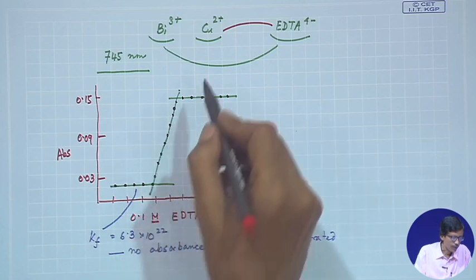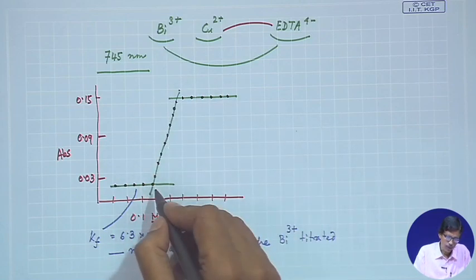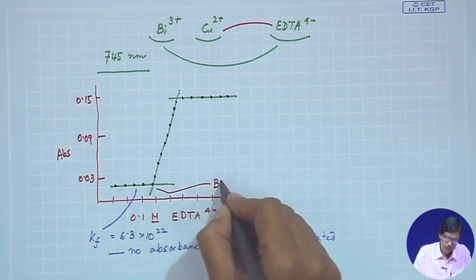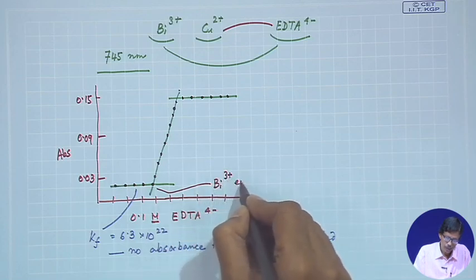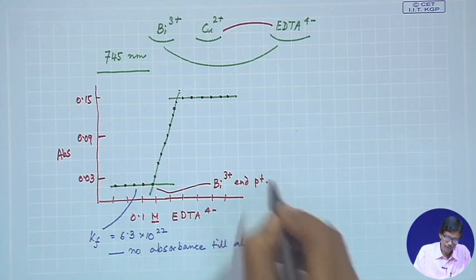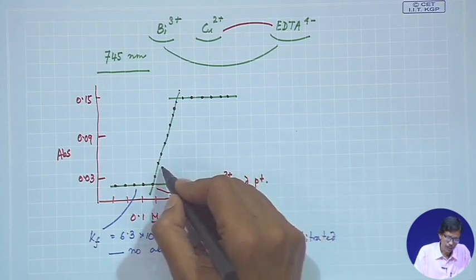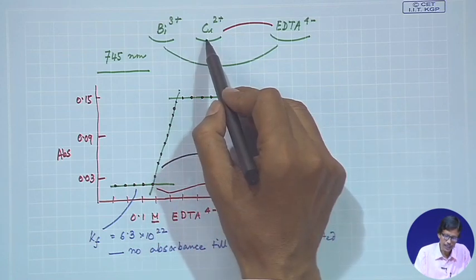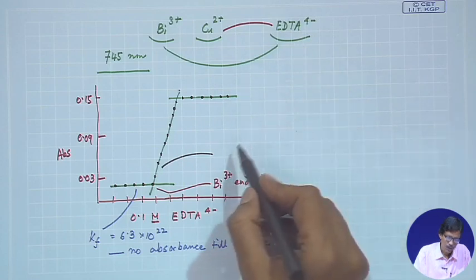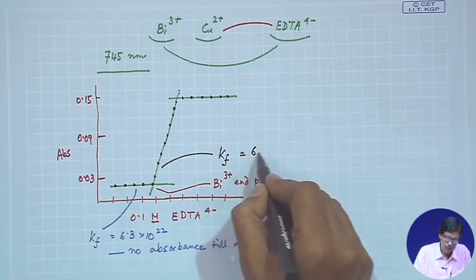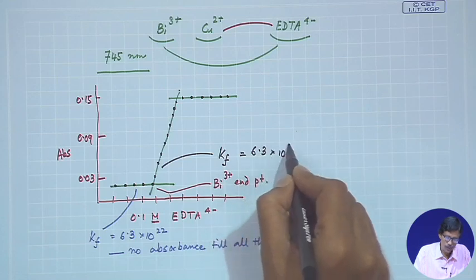This therefore shows you the corresponding endpoint of your bismuth. Then your copper started consuming. So, this particular point is our bismuth 3 plus endpoint. After that, we get the complexation reaction between copper and EDTA, which has a corresponding Kf value of 6.3 into 10 to the power 18.